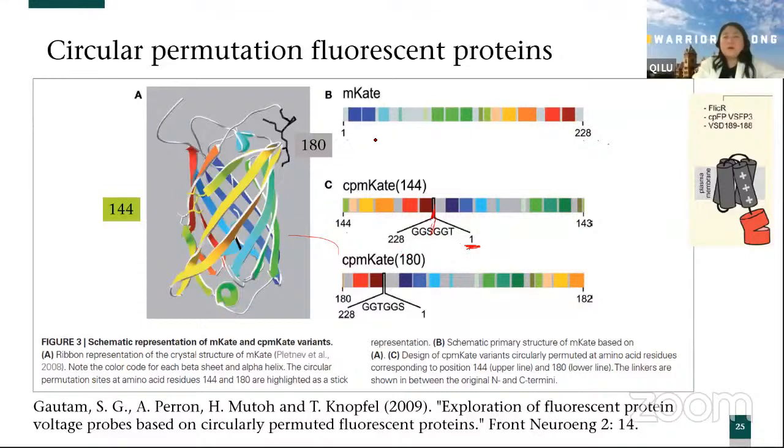Before, we can see it's linear, but it folds together to form GFP's barrel structure. But here, because they link the first and the last amino acid together, it changes the beginning and the end, and then they change the whole amino acid sequence to form a circularly permuted fluorescent protein. I think that's pretty cool.